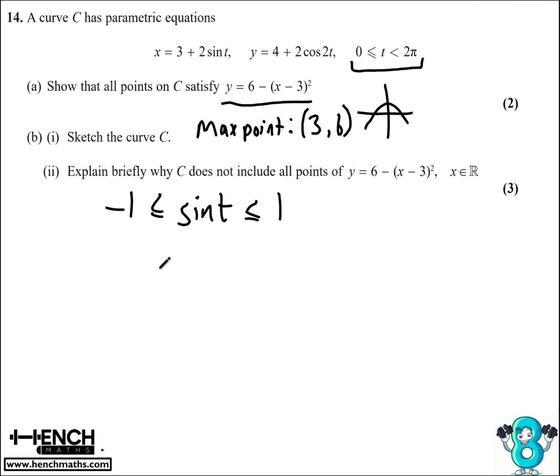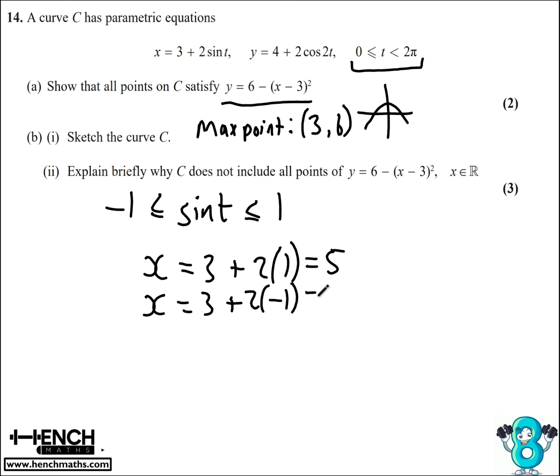So if we put that into our x, if it's the maximum value, x will be 3 plus 2 times 1, which is 5, and x will be equal to 3 plus 2 times minus 1, which is 1. So it's important to realize here that our range of values for x is going to be between 5 and 1 when we're drawing our sketch.